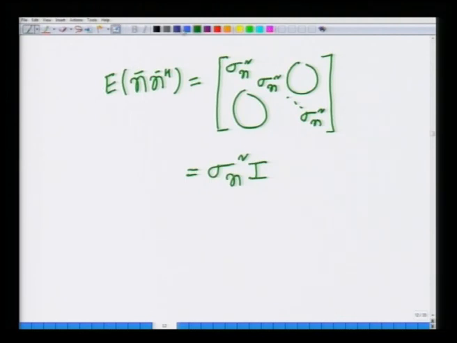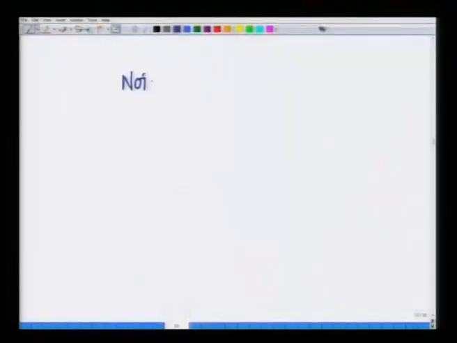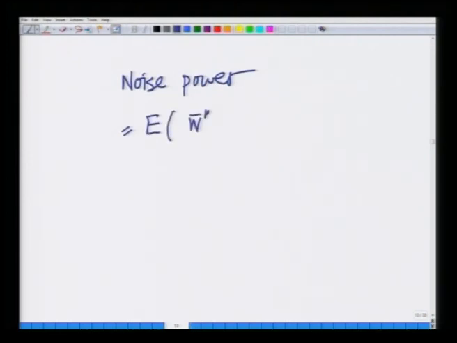So, expected n bar n bar Hermitian is a matrix which is sigma n squared identity. Now, I will compute the noise power, remember I am going back to my problem of computing noise power. Noise power is expected W bar Hermitian n bar times W bar Hermitian n bar conjugate.